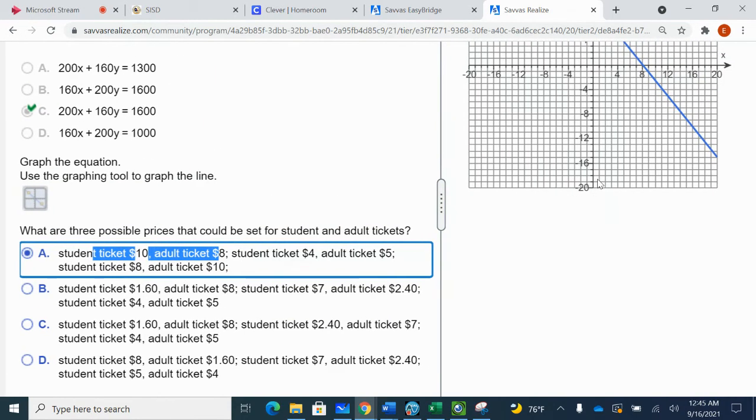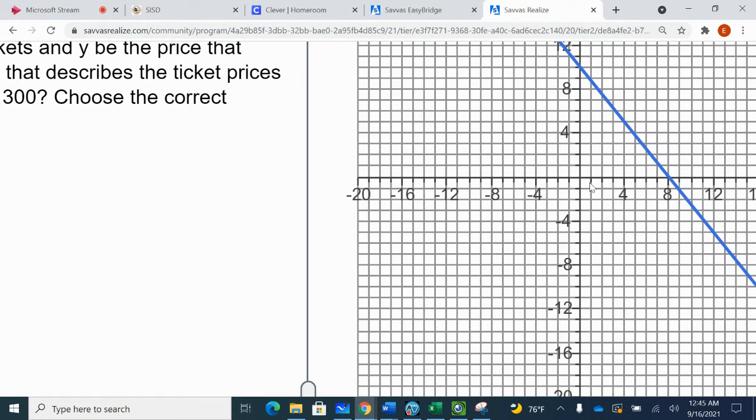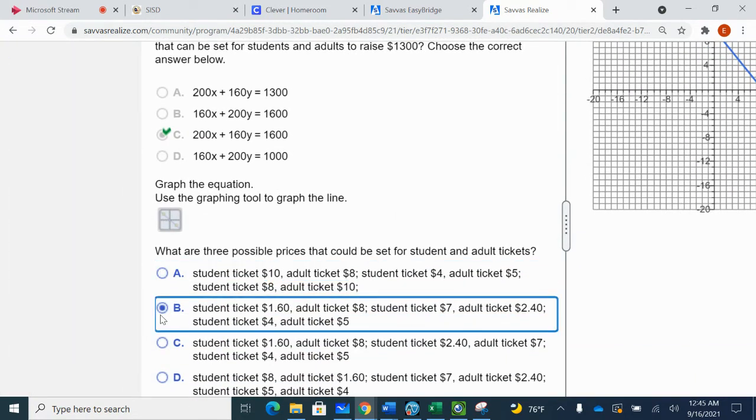Let's see this one. When student tickets are $1.60, $8. That seems to match. Look, this is 1, 2, 3, 4. 160 is somewhere in the middle. That looks like about $8. So 160 and 8 would be a good candidate here.